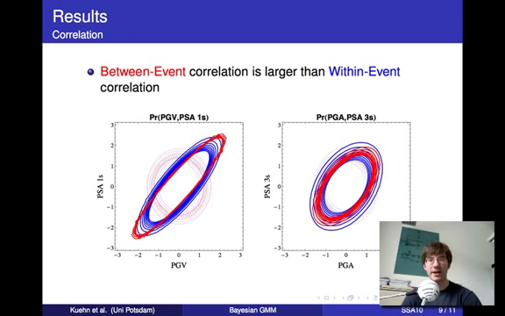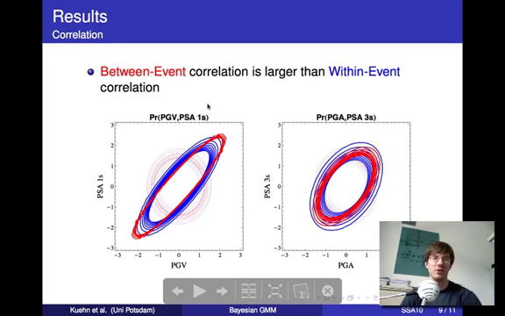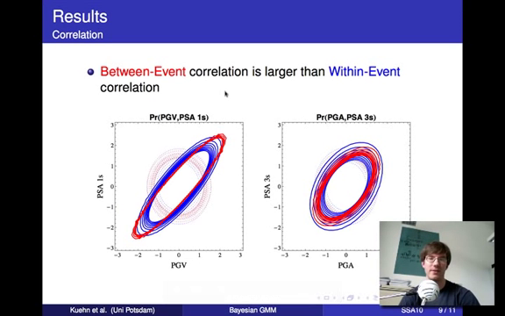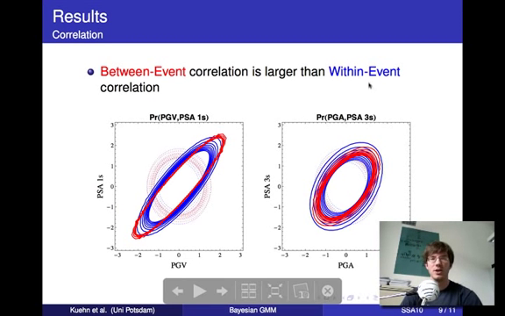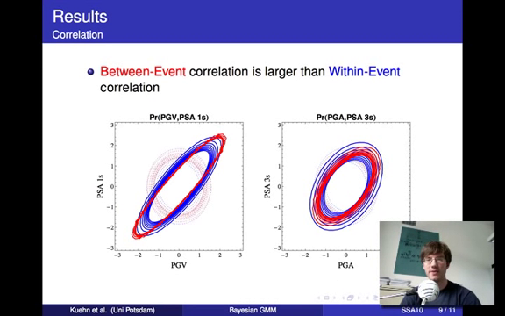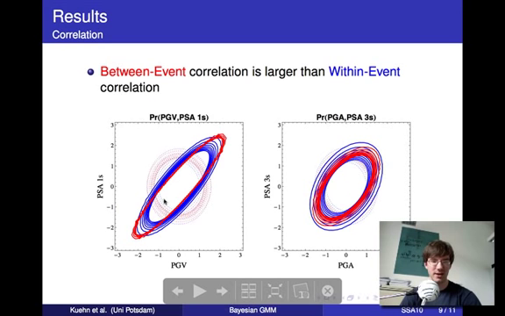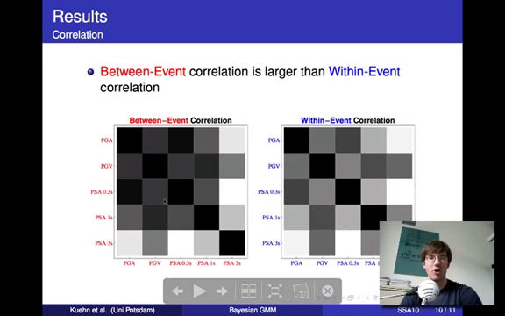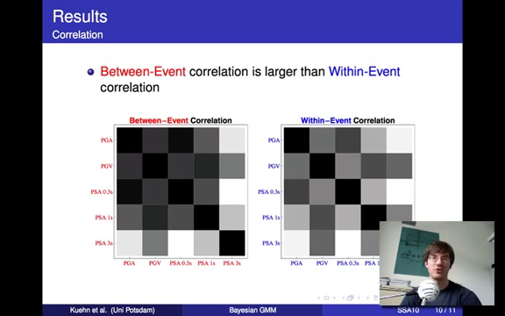That means they are highly correlated. And what you can also see is that the between event correlation shown in red is larger than the within event correlation. Here we've shown the joint distribution of PGA and PSA at 3 seconds, and you can see that there's still some correlation, but it's much less than in this case. All correlations are shown here.